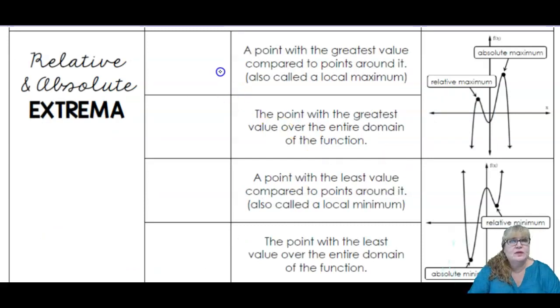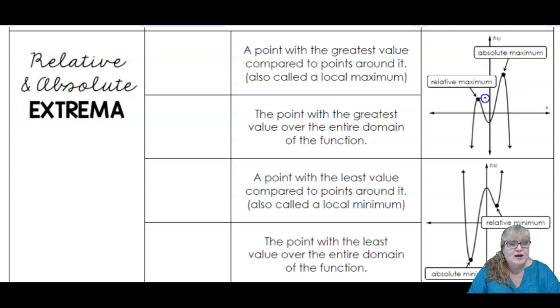And so on this graph right up here, you will notice in this general area, this is as high as the graph ever gets, but over here, it does get higher before it changes direction. So if we go left to right, it goes up and turns around, changes direction.